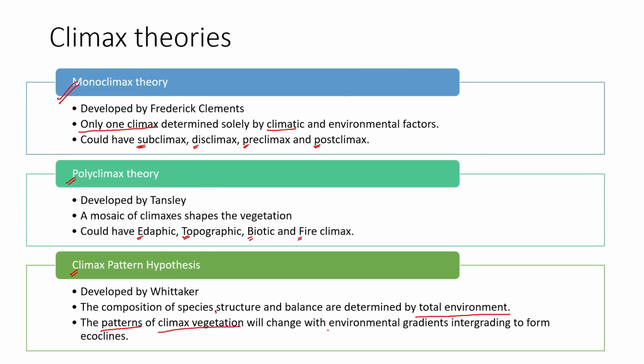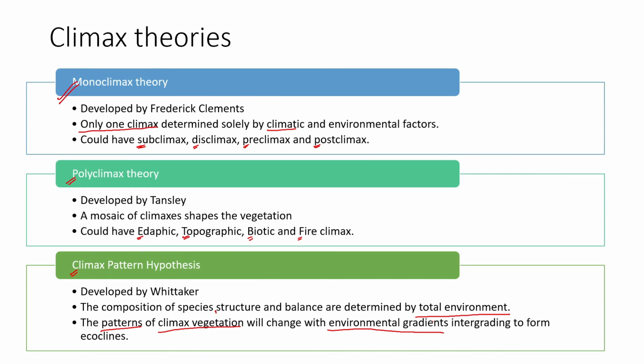The pattern happens of environmental gradients, which are integrated to form different transition zones, ecoclines, which work together to form a sort of climatic community. So these cause patterns of variations.